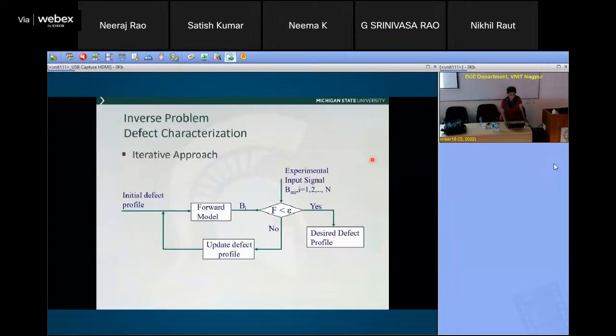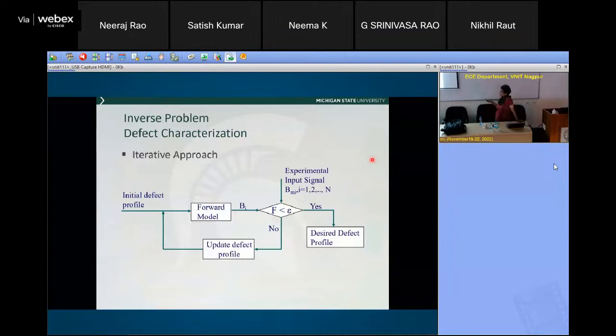Okay, and the iterative approach for the inverse problem is shown over here. So this is probably what I call a more physics-based approach, because it uses the forward model. The forward model gives you an accurate prediction of the signal due to any defect profile. So you take an initial defect profile, apply that to the forward model, the model that is validated, which produces an accurate signal.